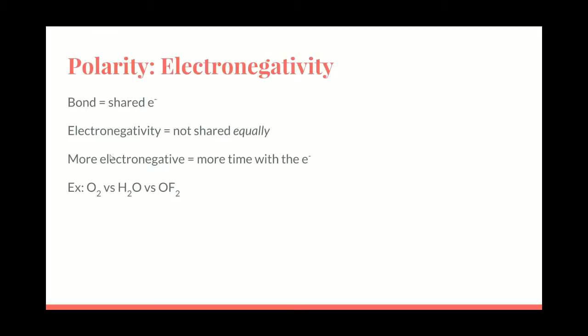Some elements want those electrons more. So when you have two atoms sharing electrons, and one of them has a higher electronegativity than the other, the electrons will spend more time hanging around the more electronegative element.